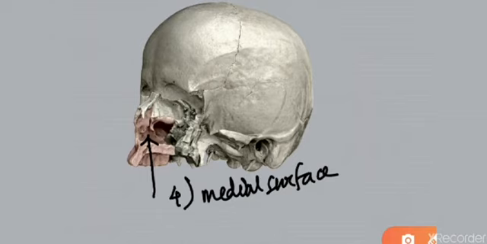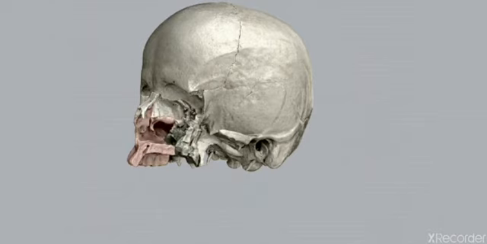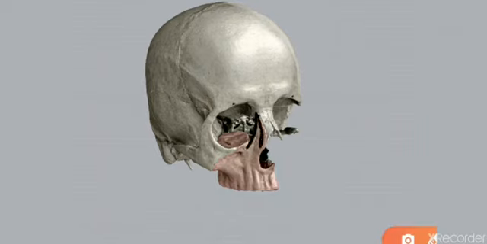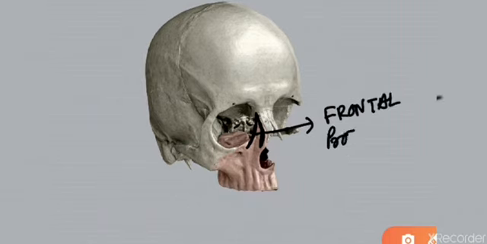Okay, let's see about the 4 processes of the maxilla. What are the 4 processes of the maxilla? Maxilla has got 4 processes. Processes are actually projections. This is the first process. This is called frontal process. This is the second process.